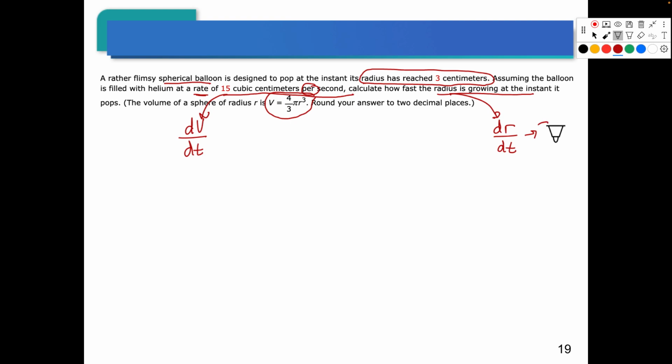And we have up here that the radius, the particular time we're looking at, is when the radius equals 3. Okay, so again, I've identified a few numbers. I've identified an equation, with a nice little hint.